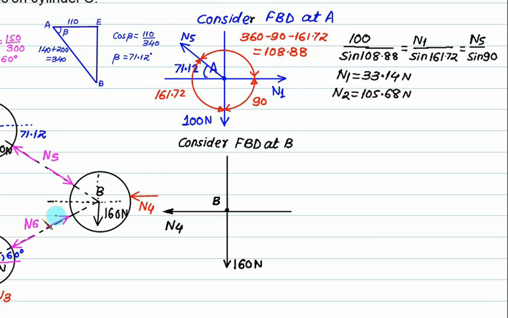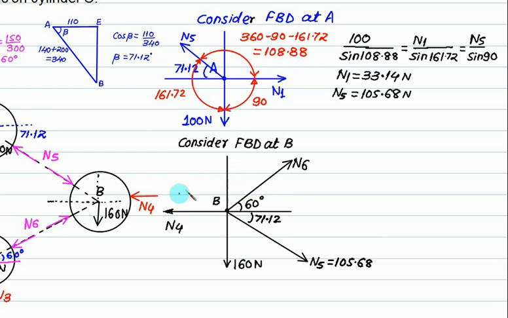N6 is acting in the third quadrant, so it will come to the first quadrant. So N6 is at 60 degrees from this side. N5 is in the second quadrant, so we'll shift it into the fourth quadrant. Its value is 105.68, and the angle made by this force is 71.12.